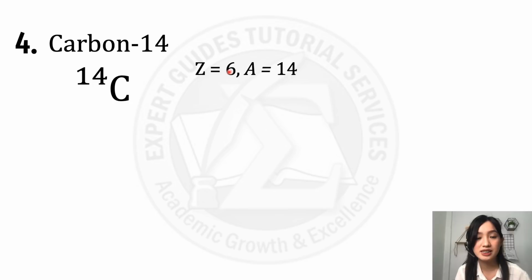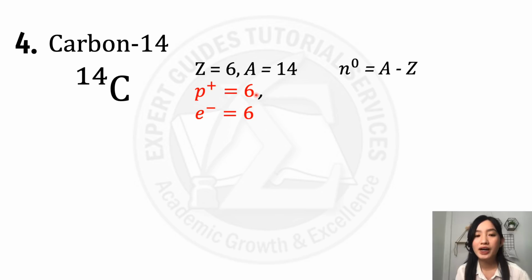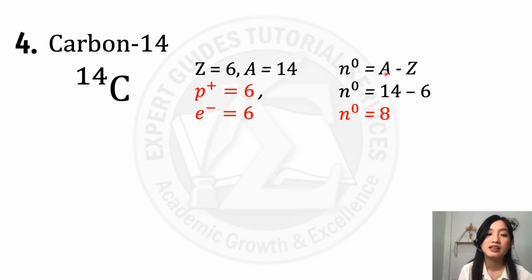Its atomic number is 6. So we can now conclude that the proton of carbon is 6 and its number of electrons is also 6. But the number of neutrons, when we compute, we substitute 14 minus 6, therefore giving us the number of neutrons is 8.